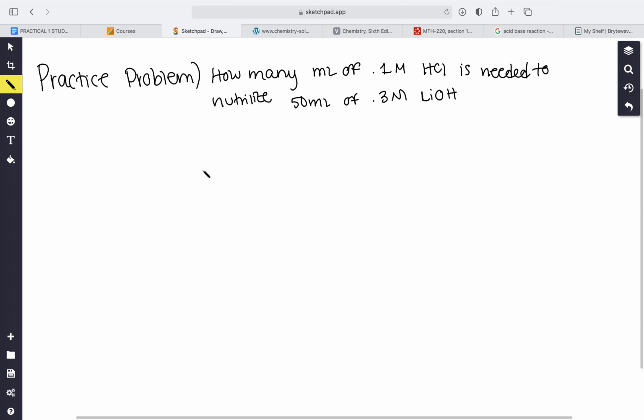Go for it, but I'm going to get started here where we have the molarity of the acid times the volume of the acid, and that's going to be equal to the molarity of the base times the volume of the base. So the molarity of the acid that we're given is 0.1 molar, and we don't have the volume, so we're going to write VA. And the molarity of the base is 0.3 molar, and we have 50 milliliters of that.